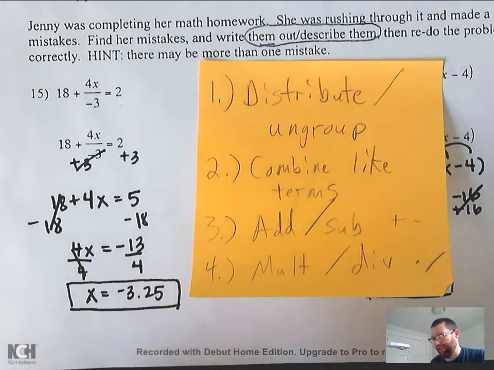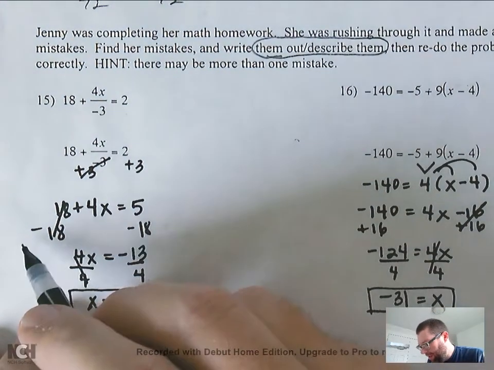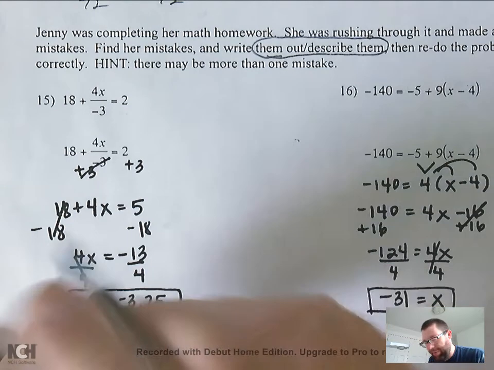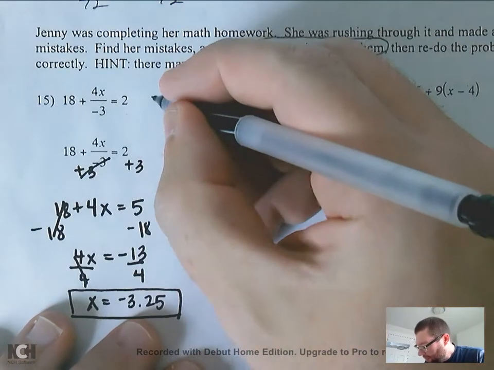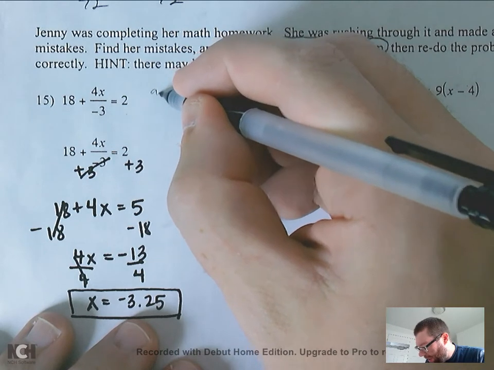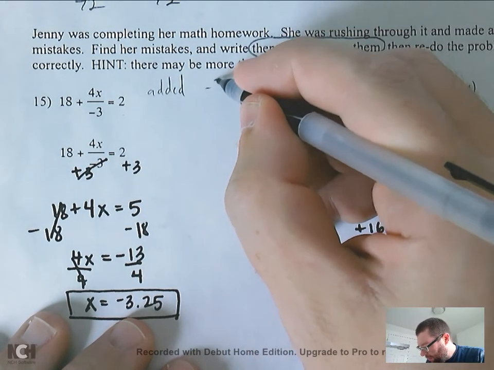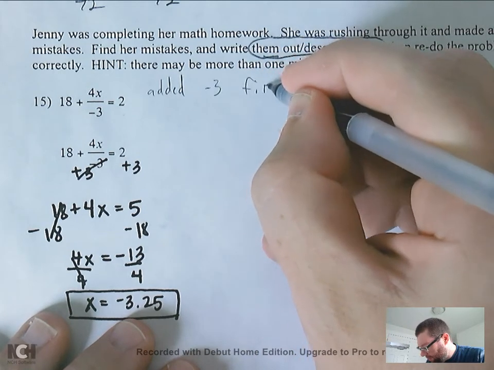So a couple mistakes there. So then she minus 18 and then divided by 4, like that's fine, right? But added 3, so her mistake was she added -3 first.